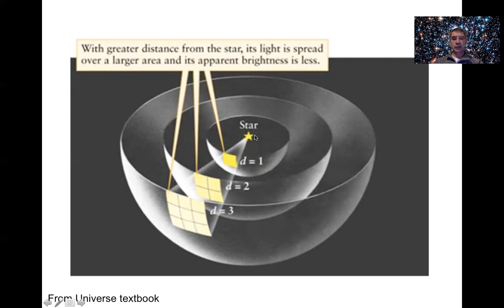The electric field from a point charge does exactly the same thing: an inverse square law, Coulomb's law. The gravitational field from a mass that acts through a center of mass, same thing. The gravitational field drops as 1 over the distance squared as well. So anything that acts through a point, if you like, will have this inverse square law.